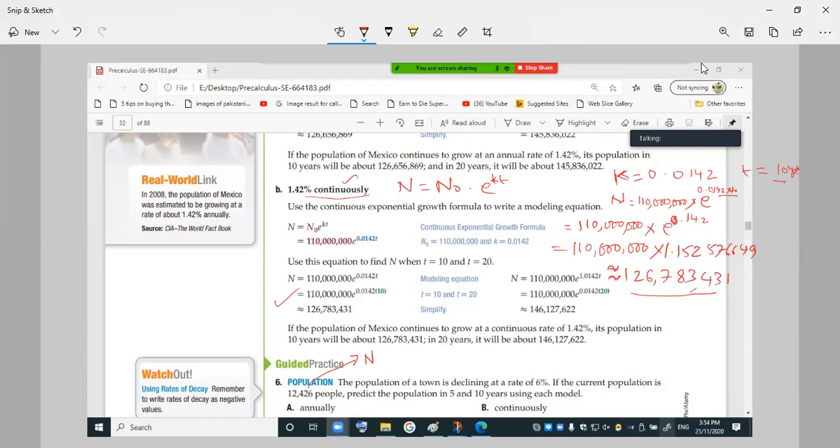The population of a town is declining at the rate of 6%. Now it is decreasing at the rate of 6%, and the current population is this one. So here current population N is 12,426. This is the current population, declining at the rate of 6%.